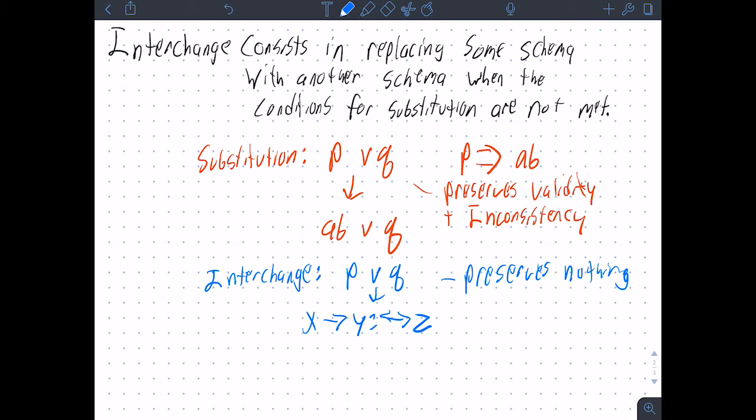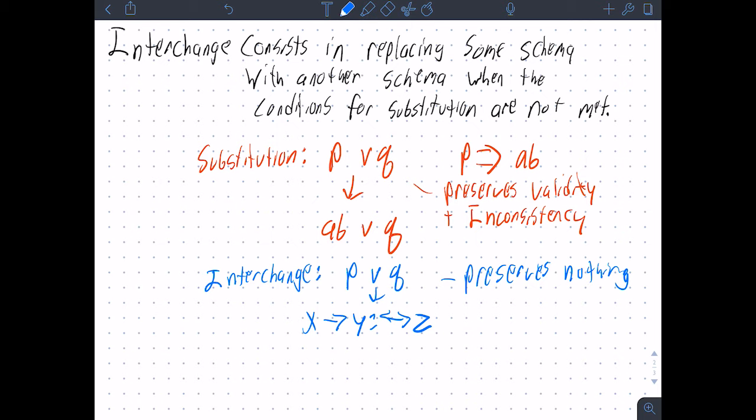And what that means is that if we start with a schema that's valid and we follow the rules for substitution, so we replace every letter and we replace each letter with the same thing, then if our original schema is valid, the schema that we get through substitution will also be valid. And if it's inconsistent, the schema that we get through substitution will also be inconsistent. With interchange, obviously, since we can replace whatever with whatever, it doesn't preserve anything.